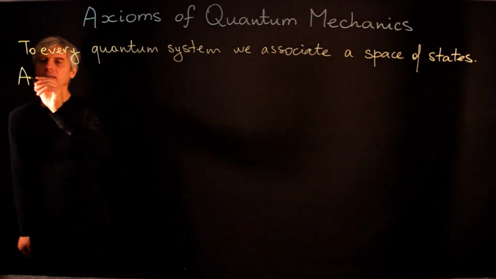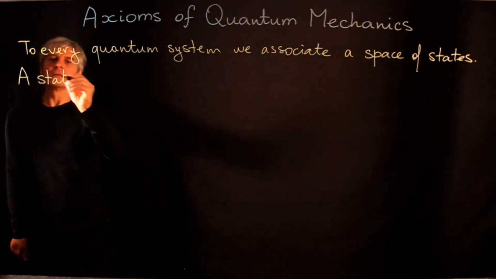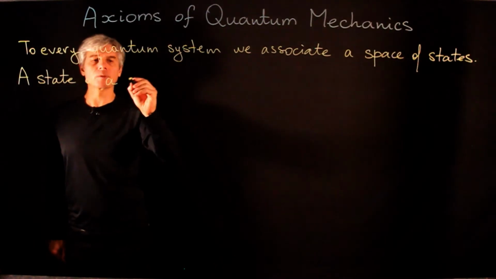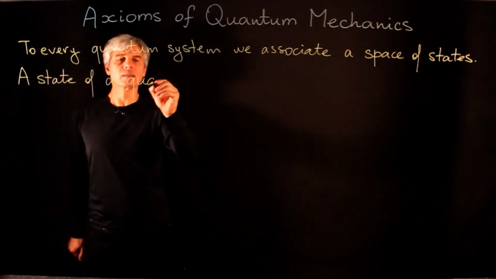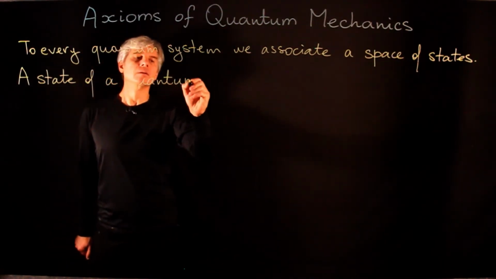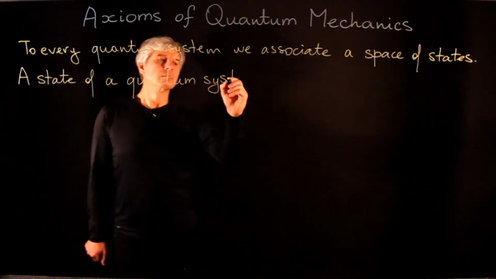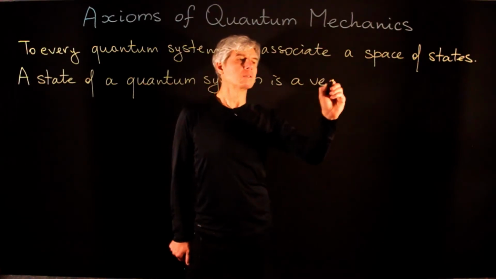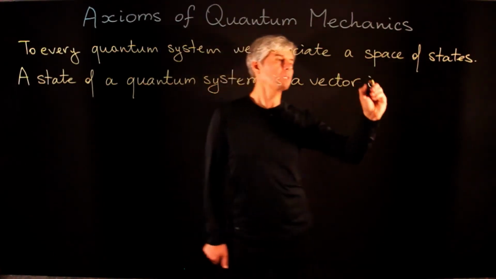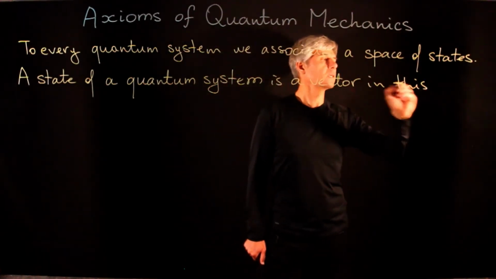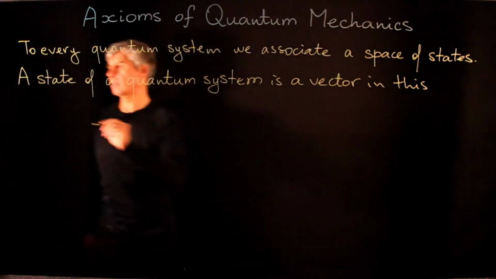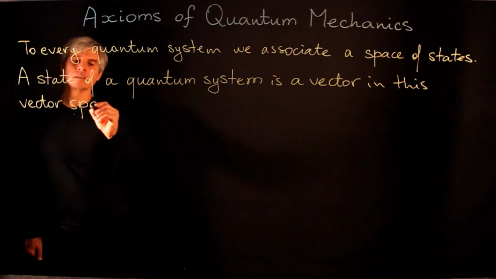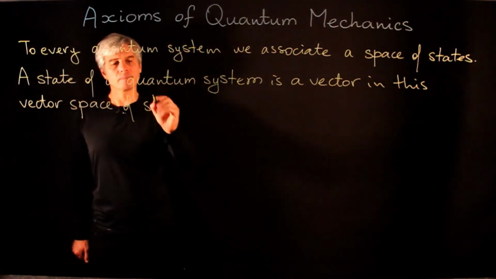A state of a quantum system, or a quantum state, is a vector in this vector space of states.